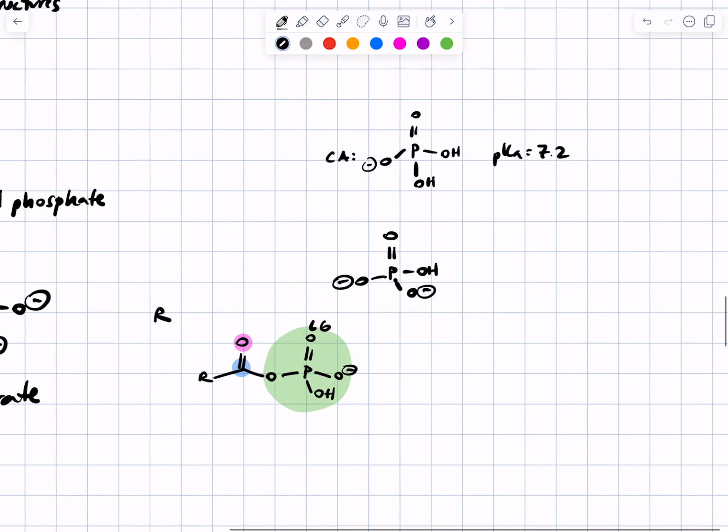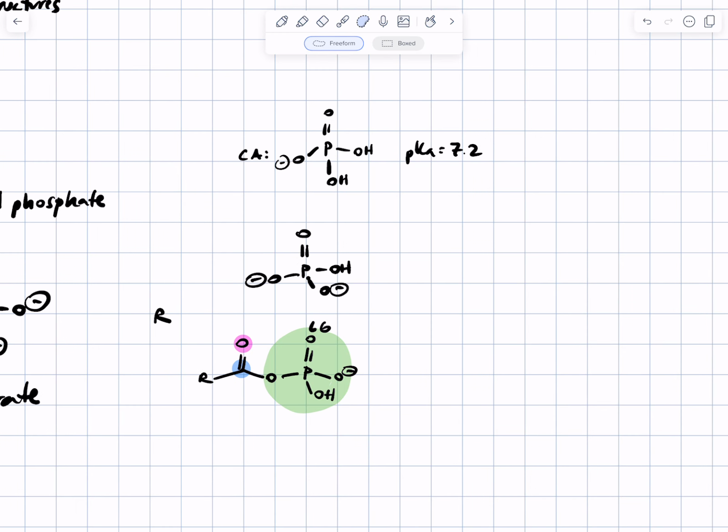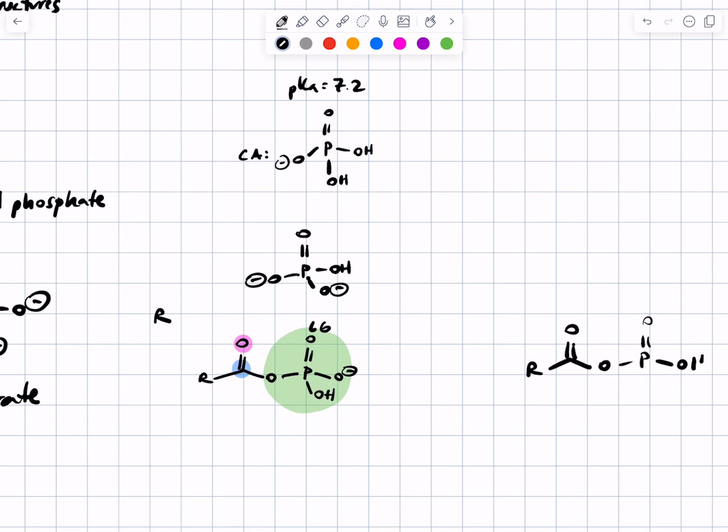But you can also, at the same time, think about the acyl phosphate with the phosphoryl group as being the electron poor group and the carboxylate as being the leaving group.